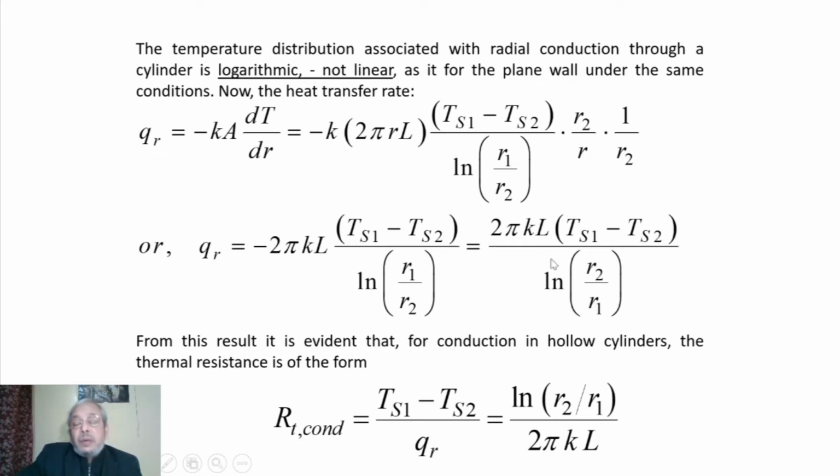Therefore, the conduction resistance we can write as potential difference divided by heat transfer rate.